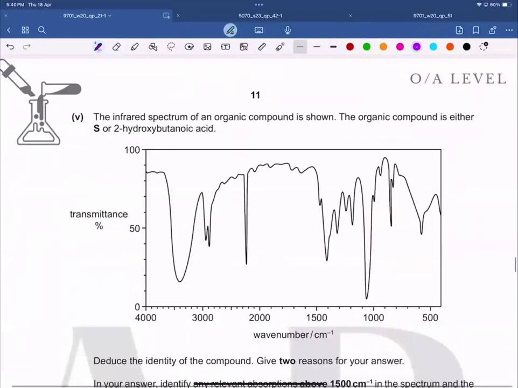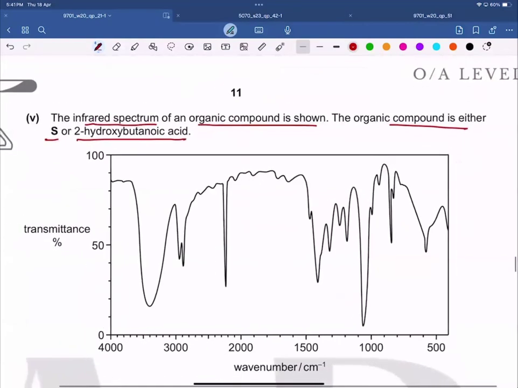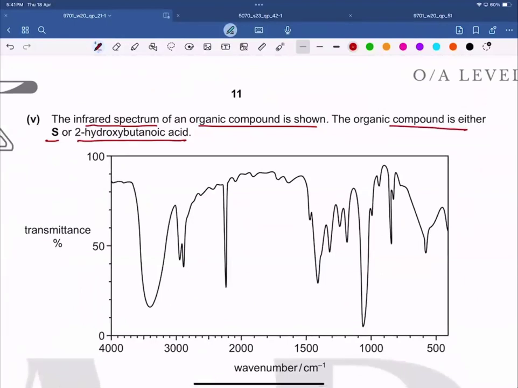Okay, now we have our infrared spectroscopy. The infrared spectrum of an organic compound is shown. The organic compound is either S or 2-hydroxybutanoic acid. Who is going to tell me whether it's 2-hydroxybutanoic acid or not?